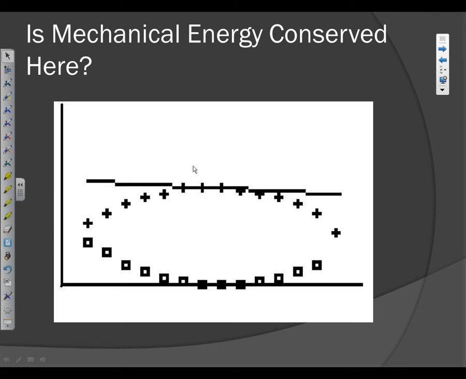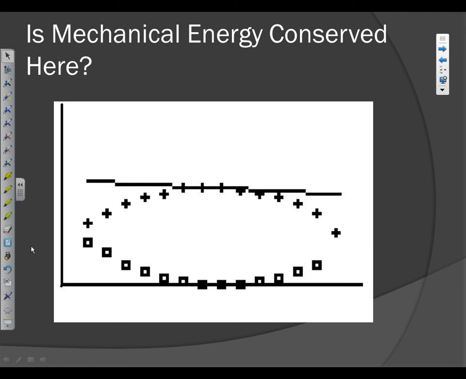It is not. This is actual data that I took of, if I remember correctly, a ball that is flying through the air, up and back down, and I caught it again. Okay? So, kinetic energy decreases and then increases, because as I throw the ball up in the air, the first thing that happens to the ball is it slows down, slows down, slows down, then it speeds back up.